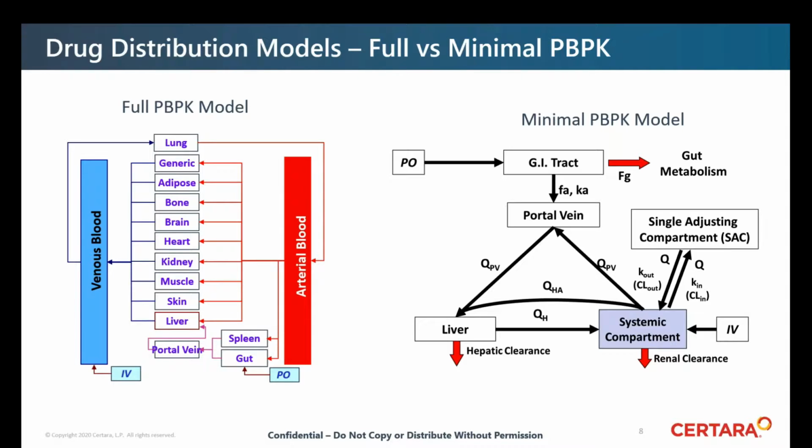There's also an adjustment compartment, somewhat analogous to the peripheral compartment in a classical PK model. But again, as with the full PBPK, transport throughout the body and distribution is governed by the blood flow. So there are still physiologic aspects of the minimal PBPK model that are not included in classical PK models.